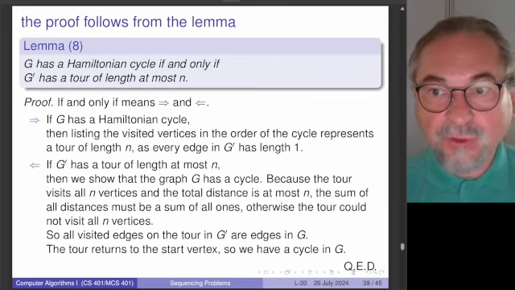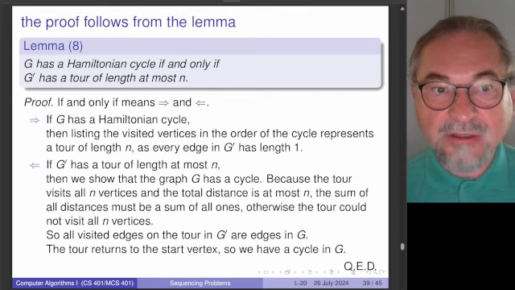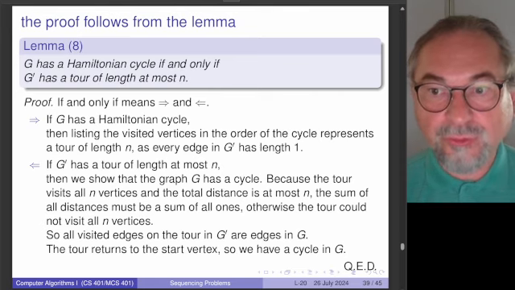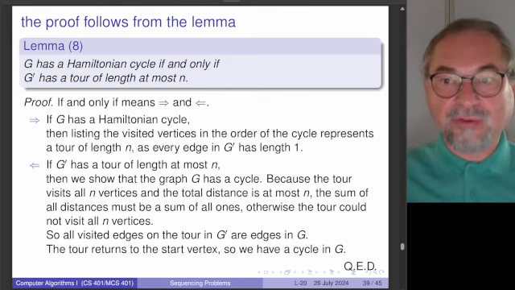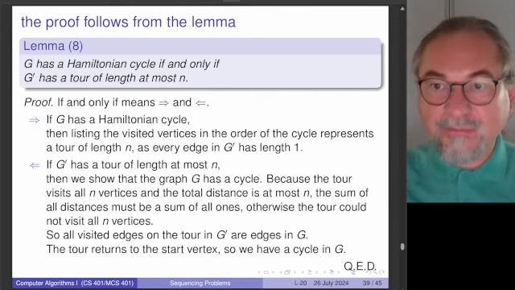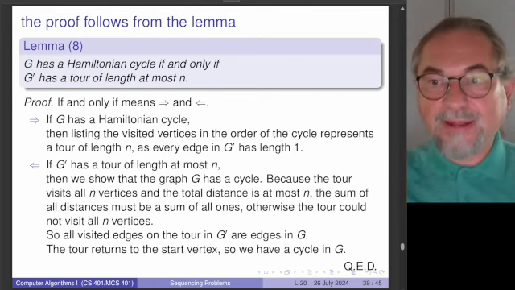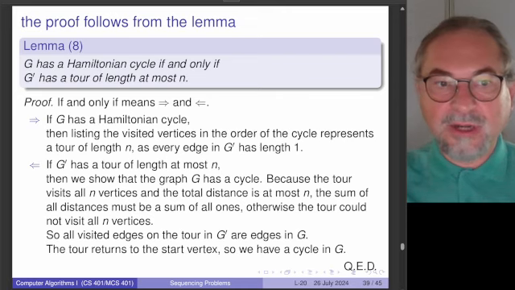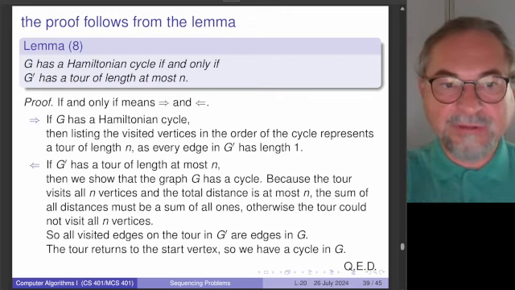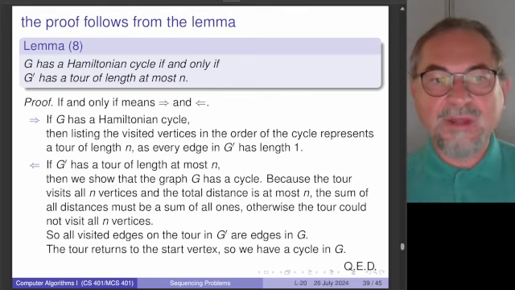If you have a solution of the Hamiltonian cycle problem, then in that G prime graph you have a tour of length n. That's very straightforward in the proof, going from left to right in the if and only if.